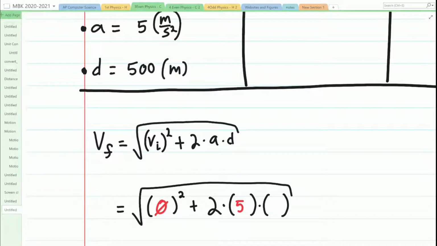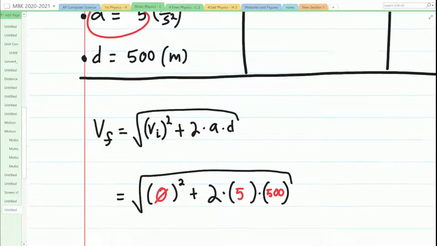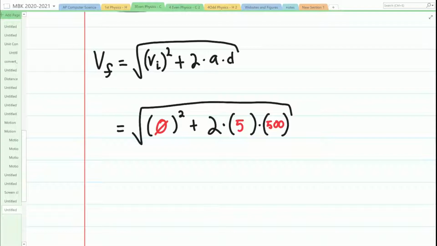So the 5 came from the acceleration over here, and the displacement is going to be 500. Now I can put it in the calculator just like this. Let me show you what that will look like real quick. I do the square root, and then it's squared plus 2 times 5 times 500.